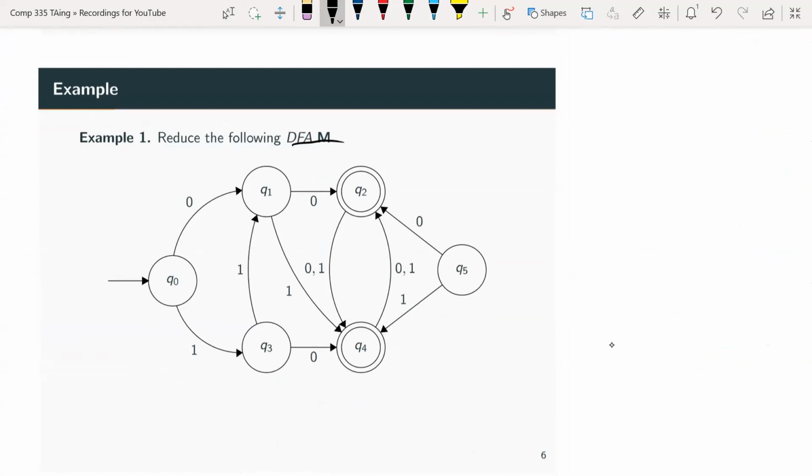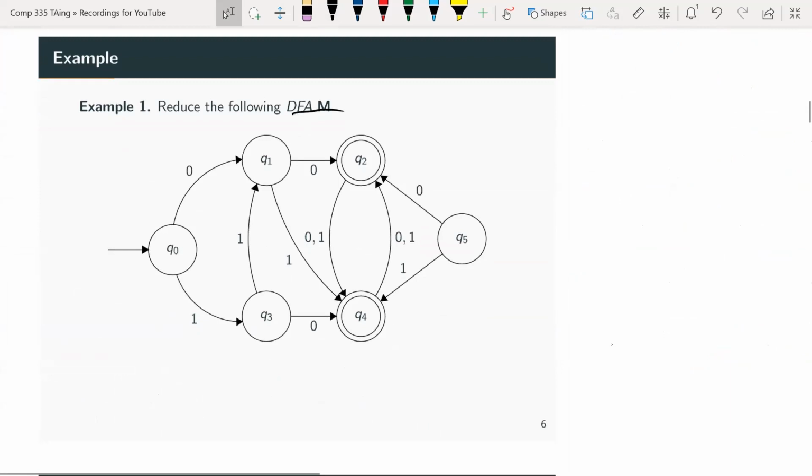Remember the first step in reducing our DFA is to eliminate the unreachable states. If you look quickly here, you're going to notice that Q5 is definitely unreachable because both of its edges are outgoing and it has no incoming edges.